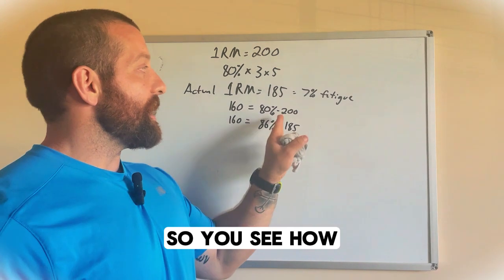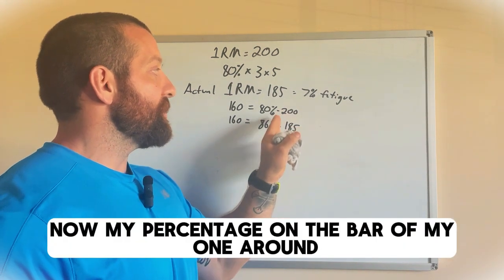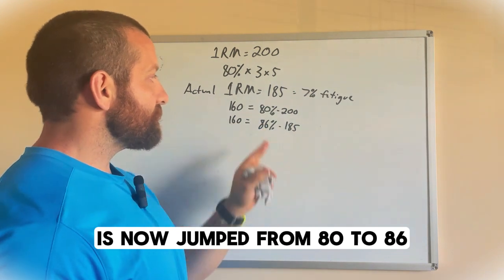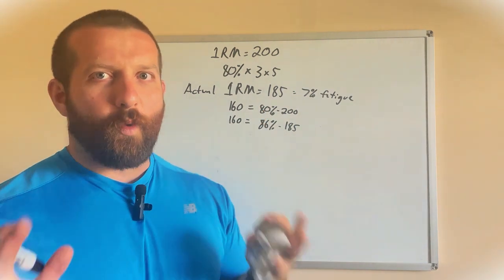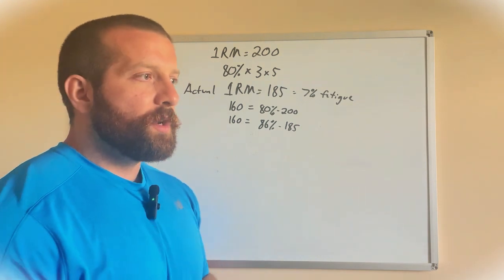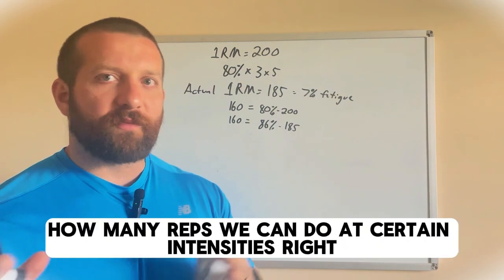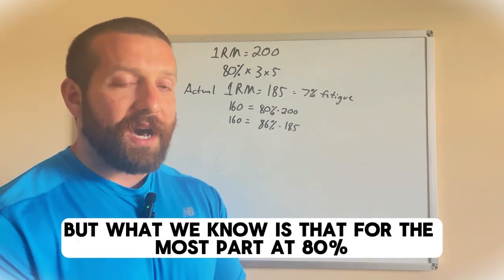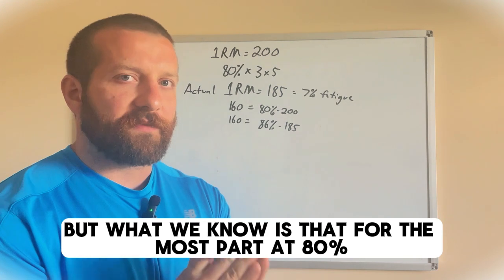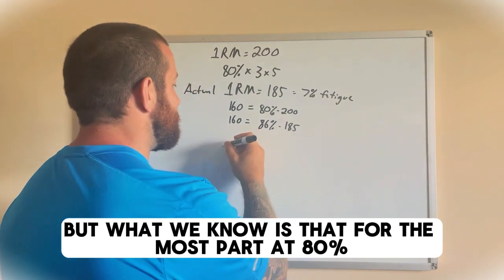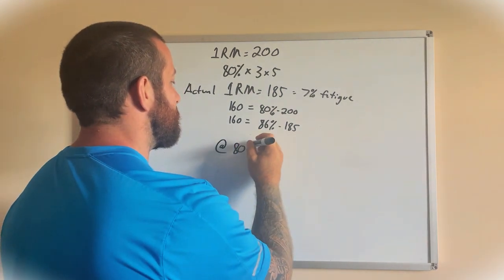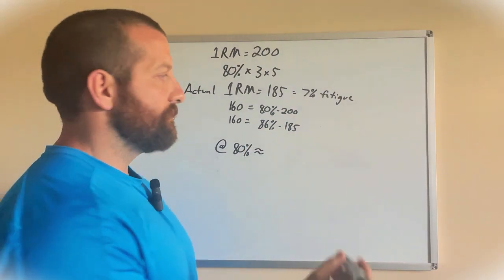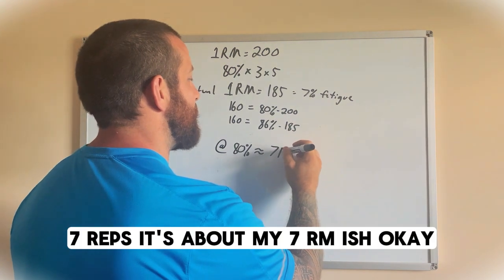So you see how my percentage on the bar of my 1 RM has now jumped from 80 to 86. Why does this matter? When we map out how many reps we can do at certain intensities, I won't get into it deeply, but what we know is that at 80% of 1 RM, I can typically do 7 reps.